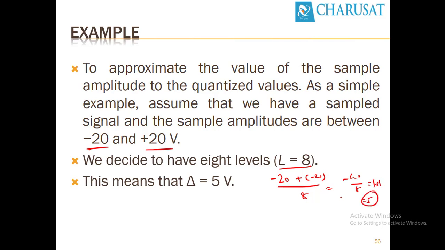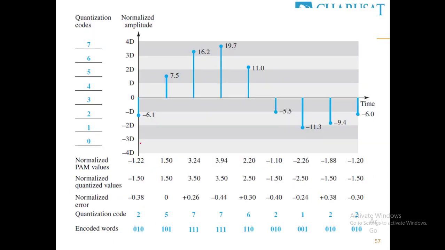So delta would be 5. Delta 5 means we are dividing minus 20 to plus 20 into 8 zones, and each zone is separated by 5 volts. So we can see in this diagram the first, second, third, fourth, fifth, sixth, seventh and eighth zones: there are 8 zones, and each zone is 5 volts.